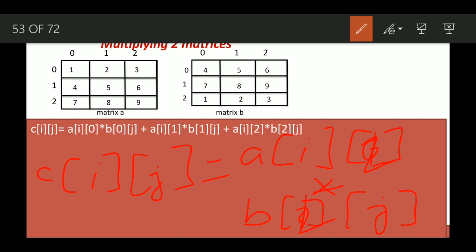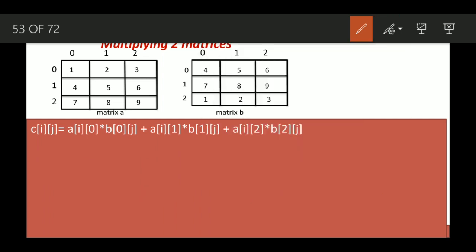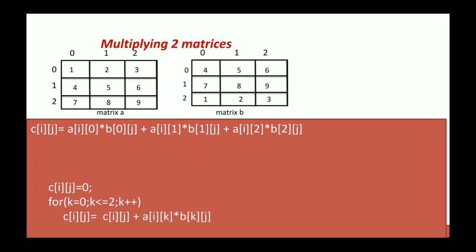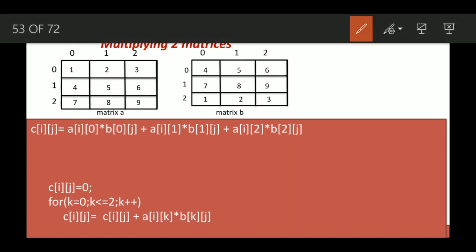If I want to generalize this, we can write like this. If I choose a variable, say k, then Cij will be equal to Cij plus Aik into Bkj, where k will run from 0 to 2.